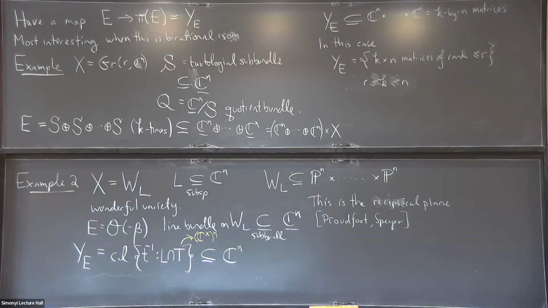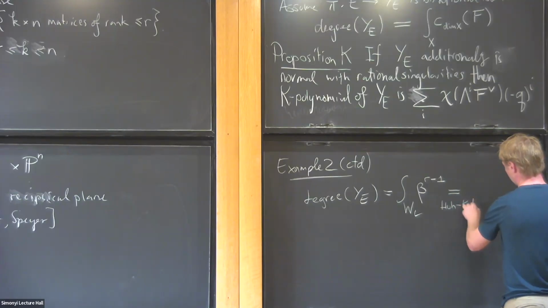It turns out that in that case, it's just beta to the R minus 1. And this was computed in a paper of June Huh and Eric Katz.